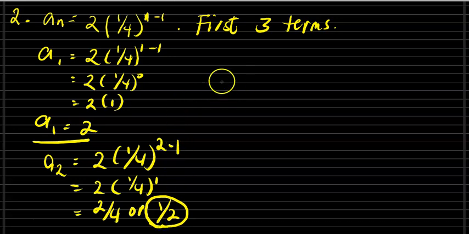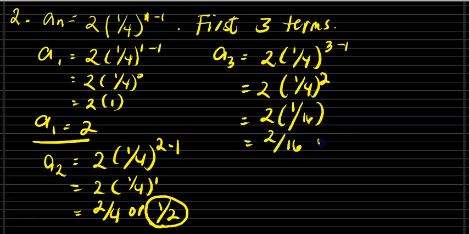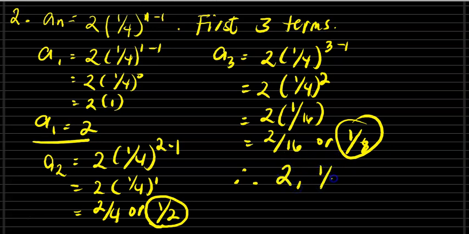Okay, so that's your answer. a sub 3 now is going to become 2 times 1/4 raised to 3 minus 1, so that's going to be squared. 2 times 1/4 squared is 2 times 1/16, which gives you 2/16, or when reduced, 1/8. So the first three terms now are 2, 1/2, and 1/8. This is your answer.